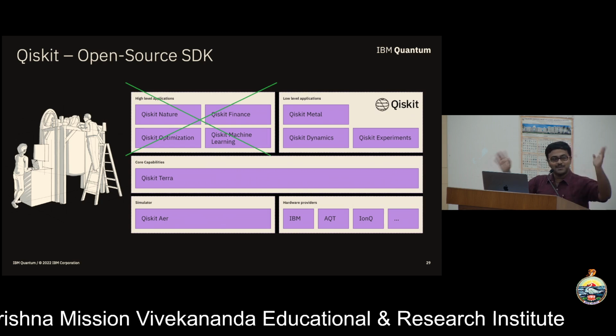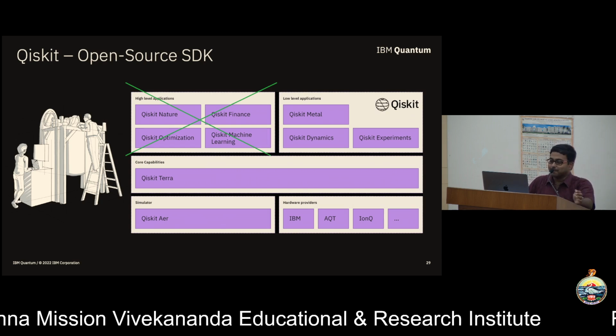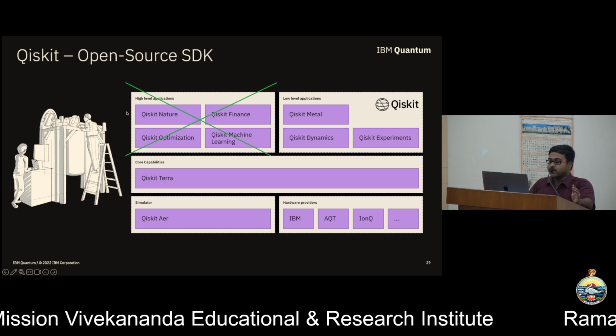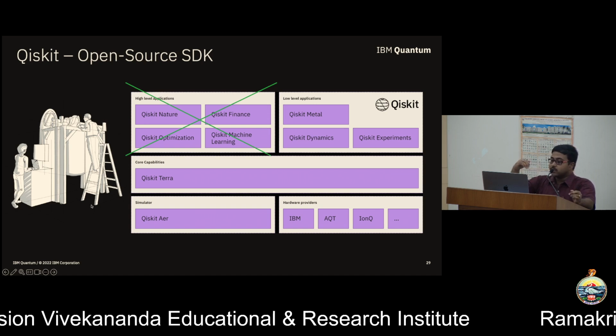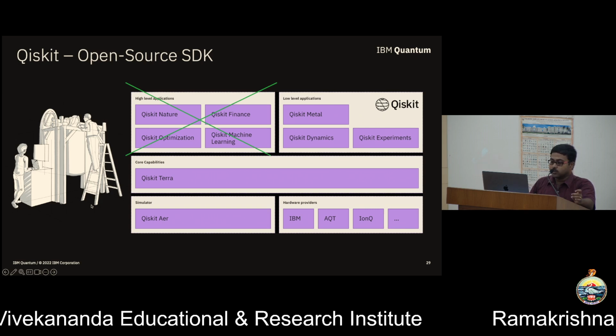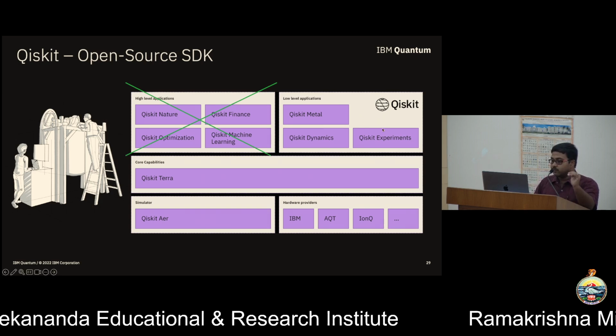So nobody knows which one is correct. But Qiskit is the one that we use, the interface for users to deal with quantum computers. And there are many levels to it.